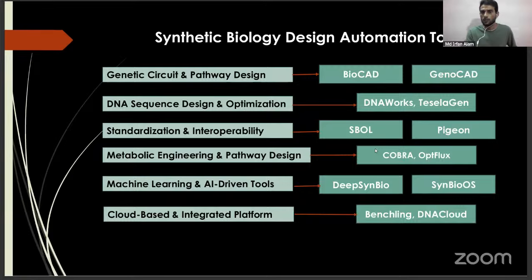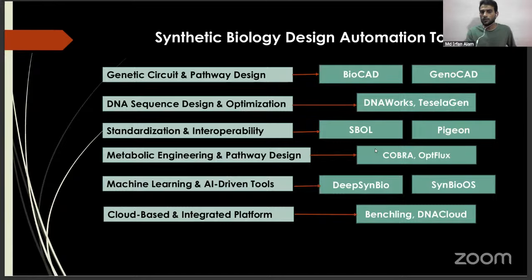Now move on. BioCAD and GenCAD are used for genetic circuit and pathway design, DNA sequence and design optimization, with the help of DNA Box, Tailor, Jones. SBOL for standardization and interoperability.